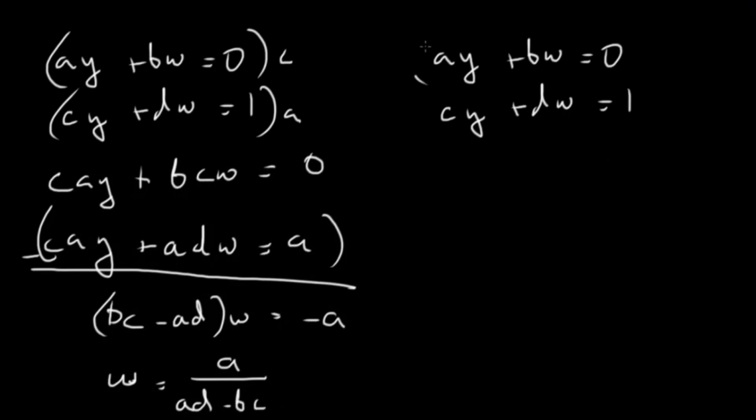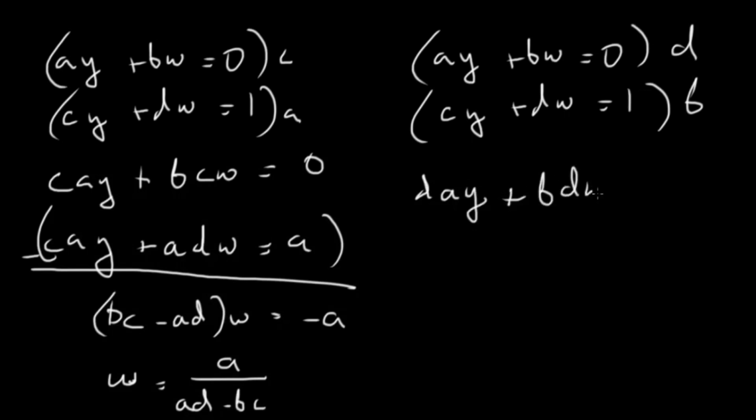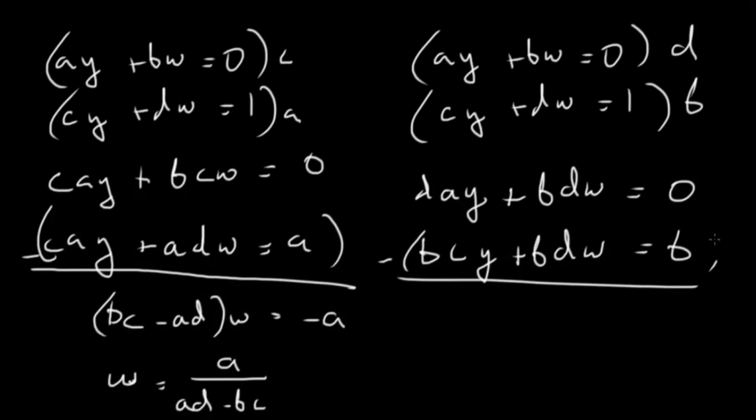Over here, I'm going to multiply this thing by D and B, and I get ADY plus BDW is equal to 0. I get BCY plus BDW is equal to B. I'm going to subtract these two things.